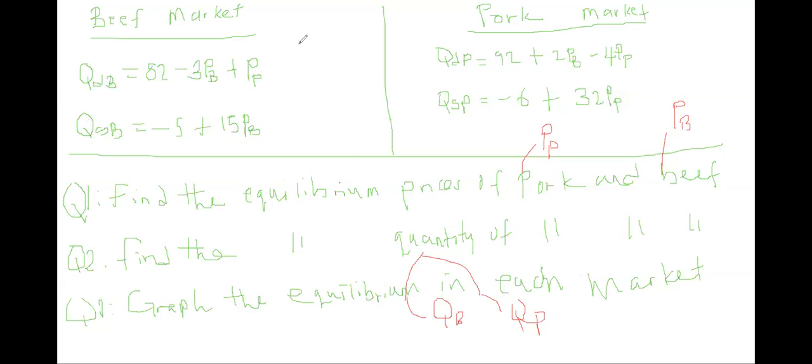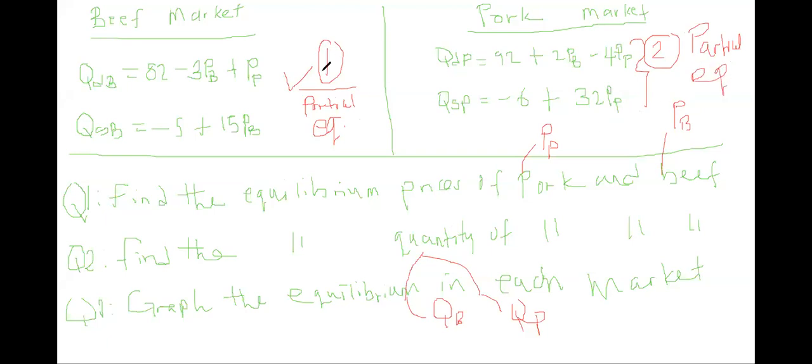We are going to solve this stage by stage. If you want to solve this question, first you focus on the beef market. When you finish, you have to determine the partial equilibrium. Step 2: you find the partial equilibrium in the pork market as well.